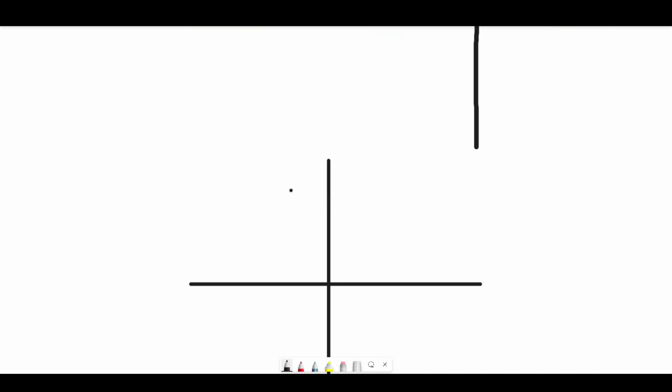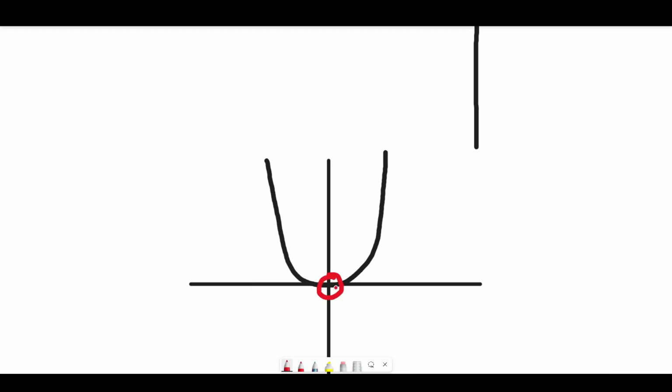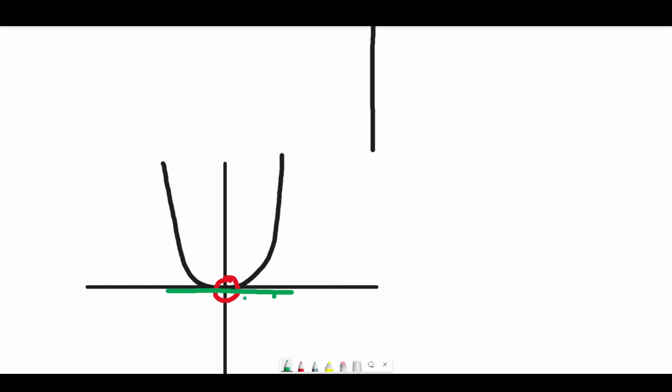If I have a parabola, let's just say the vertex is at the origin, and I want to find the horizontal tangent at a certain point, let's just say the vertex, it's going to be a slope of 0 because it's not increasing nor decreasing. So that means dy over dx equals 0. And that's it.